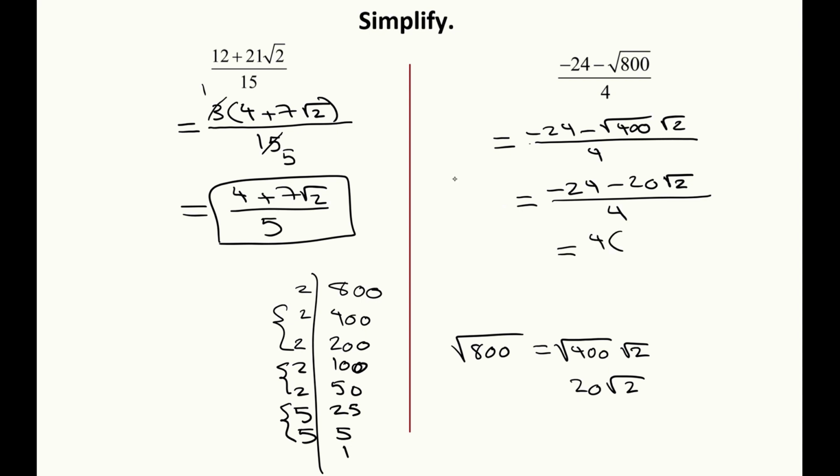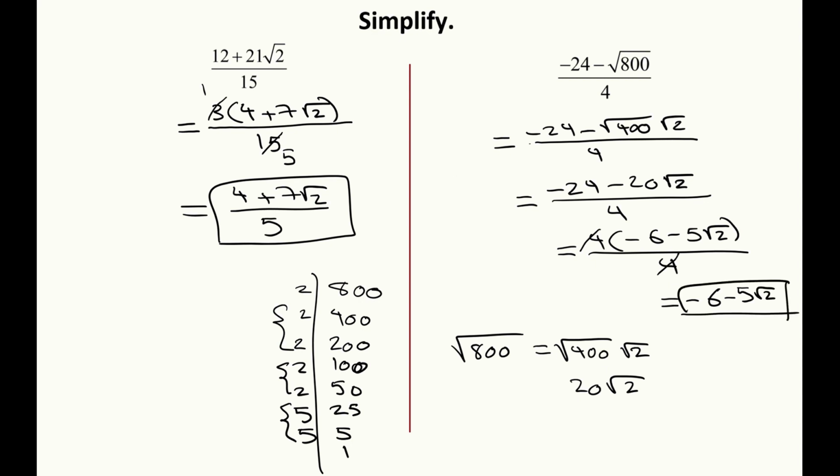That leaves us negative 6 minus 5 radical 2 over 4. Now we can legally cancel those 4's and be left with negative 6 minus 5 radical 2 for the final answer.